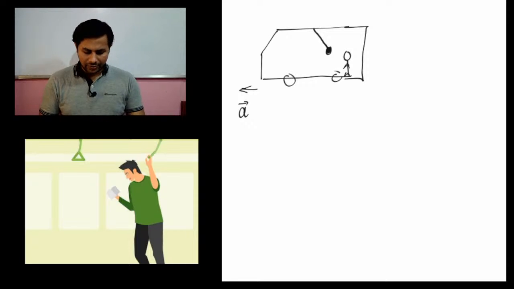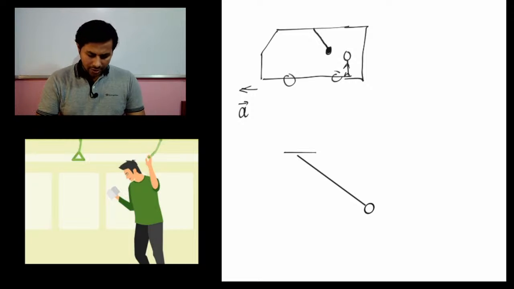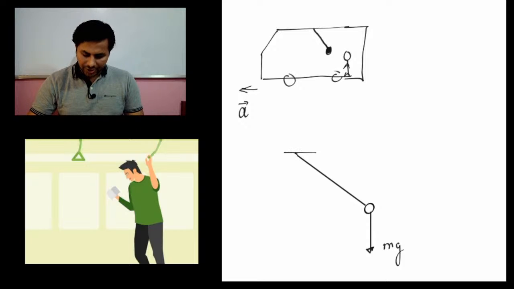So now what are the forces acting on this pendulum? Let's draw this pendulum over here. One is obviously the gravitational force, which acts downwards, and there is another force, which is the tension in this string.